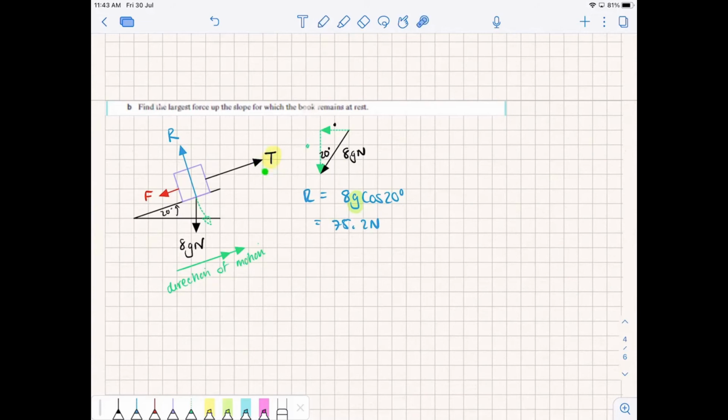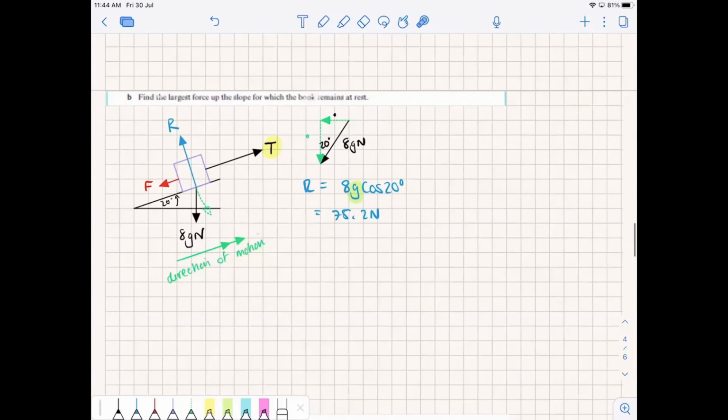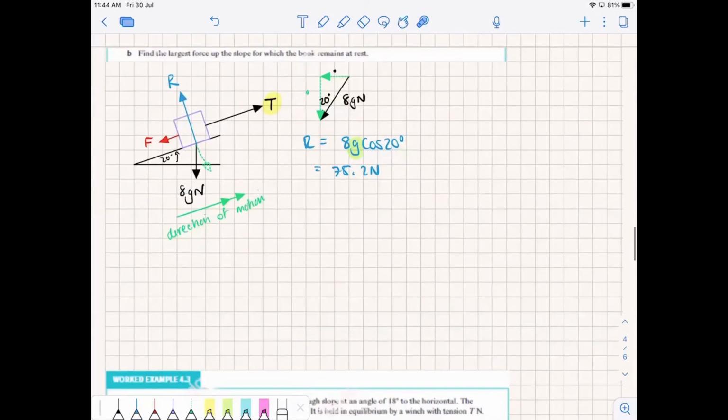We need to work out the tension. And so in order to calculate the friction, we can't rely, like in the previous one, on saying it's in equilibrium, therefore the friction must be equal to the force being applied on it. However, from the previous question, we worked out the coefficient of the friction force. And because the surfaces haven't changed, we can use that to our advantage.